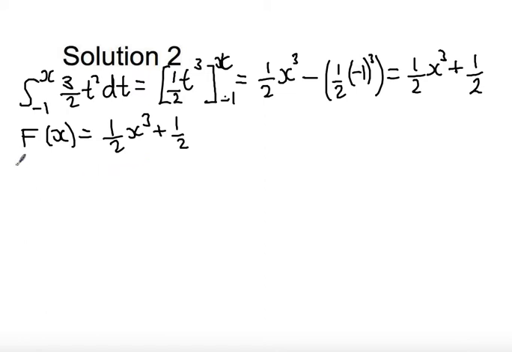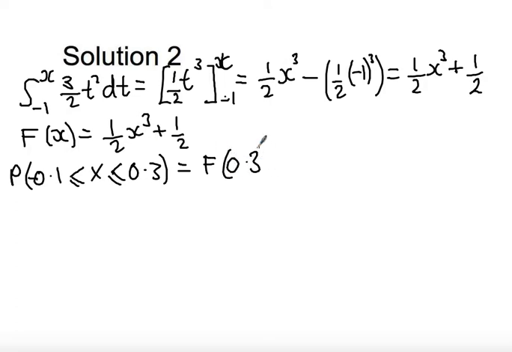So let's see how we can use this to calculate probabilities. Probability that x lies between minus 0.1 and 0.3. Well, this can simply be calculated by evaluating using our cumulative distribution function for 0.3 and subtracting F of -0.1.